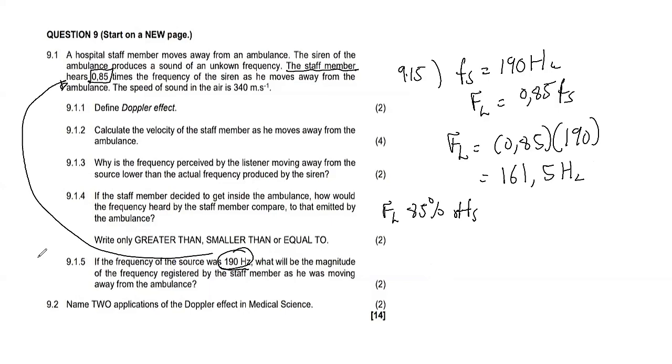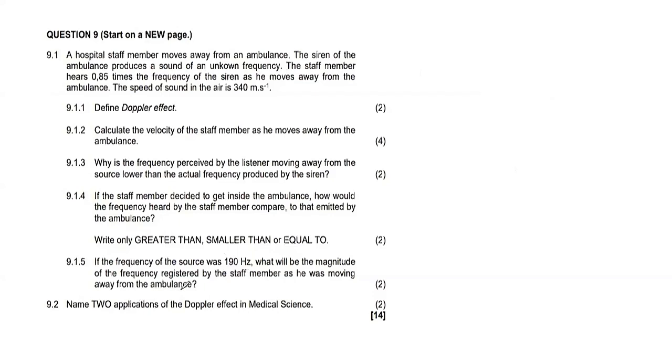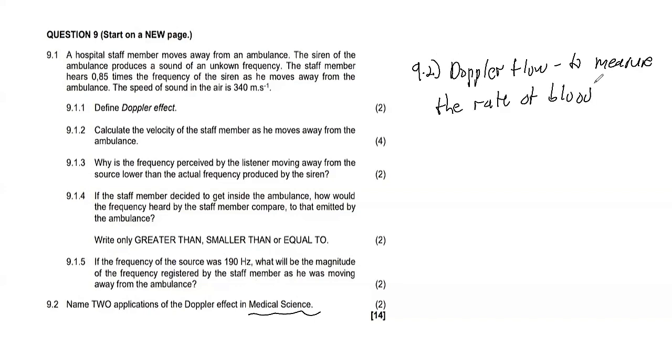Okay, then 9.2 says, name 2 applications of the Doppler effect in medical science. So we know number 1 is used in the Doppler flow meter to measure the rate of blood flow, and then also it is used in sonar to detect the heartbeat of the fetus.